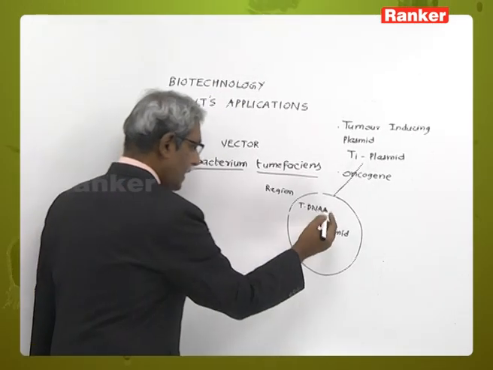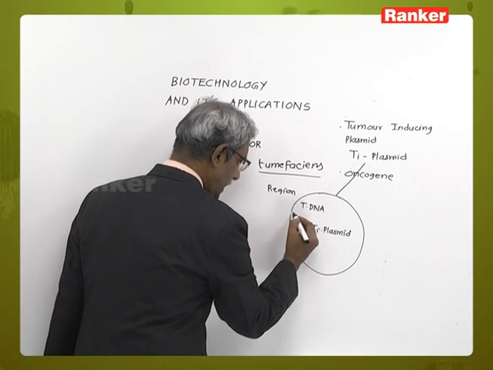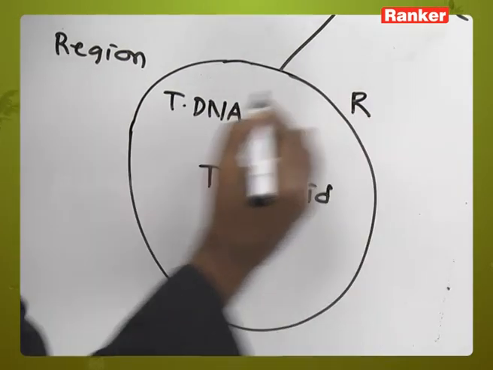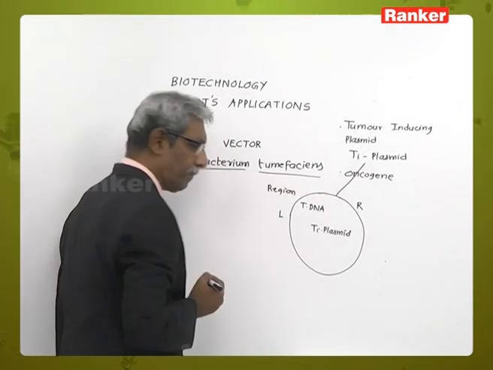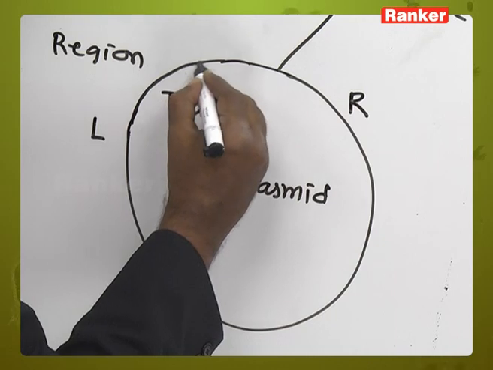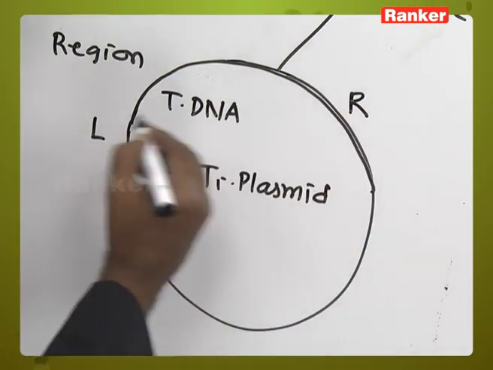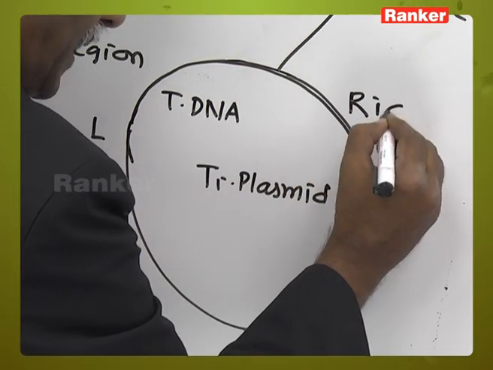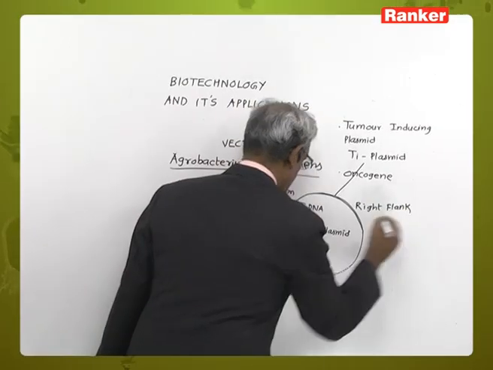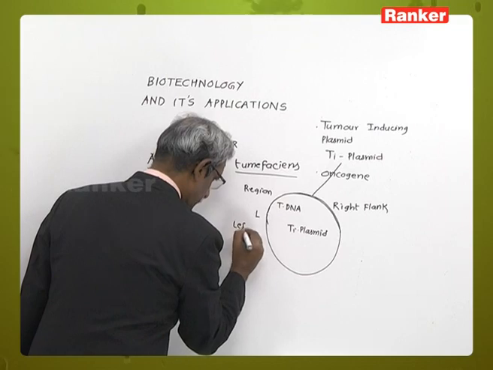Now, the T-DNA has got a right flank and a left flank.